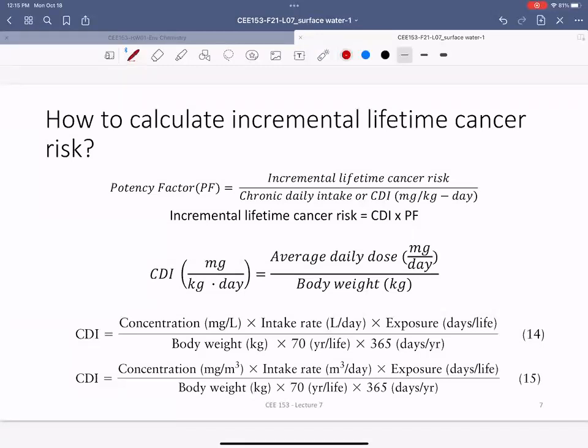That's what you will usually calculate. It is the potency factor, which is given to you, times the chronic daily intake, how much you are exposed daily. The problem will give that in a certain way, and you have to estimate it. The potency factor is from the table. You multiply, and that's the risk you calculate. In the example problems, you'll see how it is used, and that's how you can use it for the homework problems.